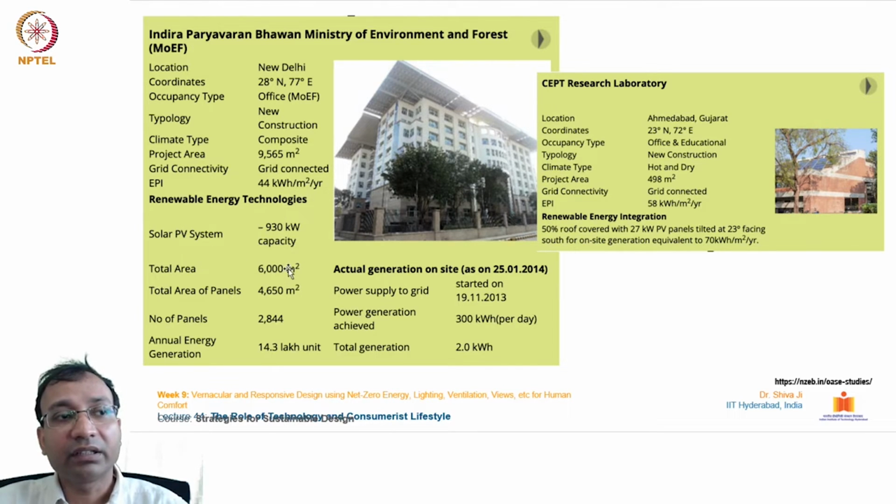It has a solar photovoltaic system with a capacity of 930 kilowatts. So you see over here this overhang on the roofing; this overhang is the structure which supports the solar panels on top of this building.